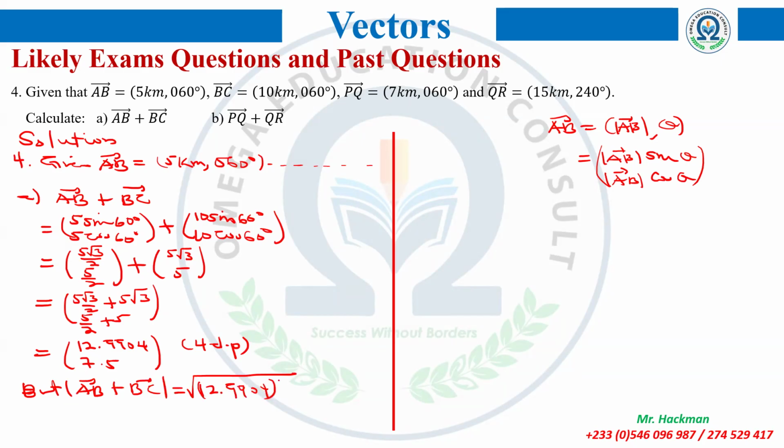I hope you are following. It's not pretty, but we have to work with it. That's 7.5 squared. You know that in exams, you won't always get pretty situations. So this will be equal to the root of, give me the first value results.